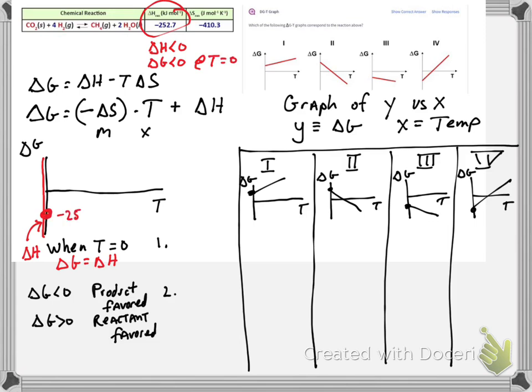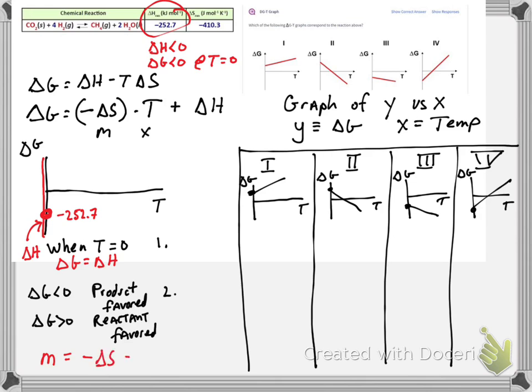It's minus 252.7. When temperature equals 0, delta G is minus 252.7. We call that the y-intercept. The y-intercept is delta H.